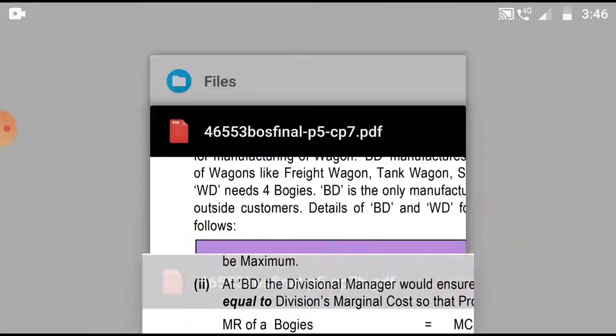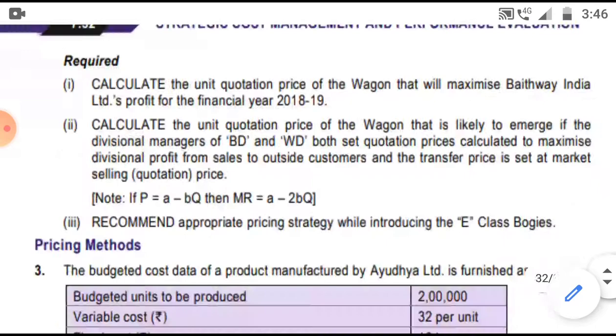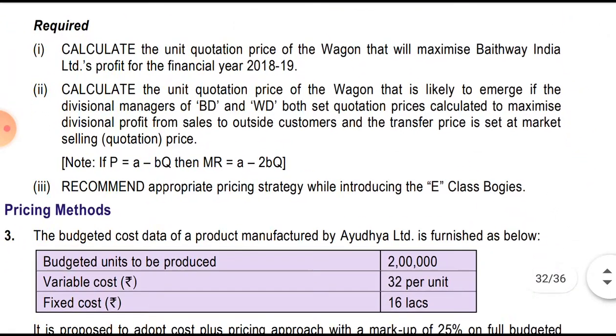Second part, what they have asked basically, calculate the unit quotation price of the wagon that is likely to emerge if the divisional managers of WD and BD both set the quotation price calculated to maximize the divisional profit from the sales to outside customers, and the transfer price is set at market price.